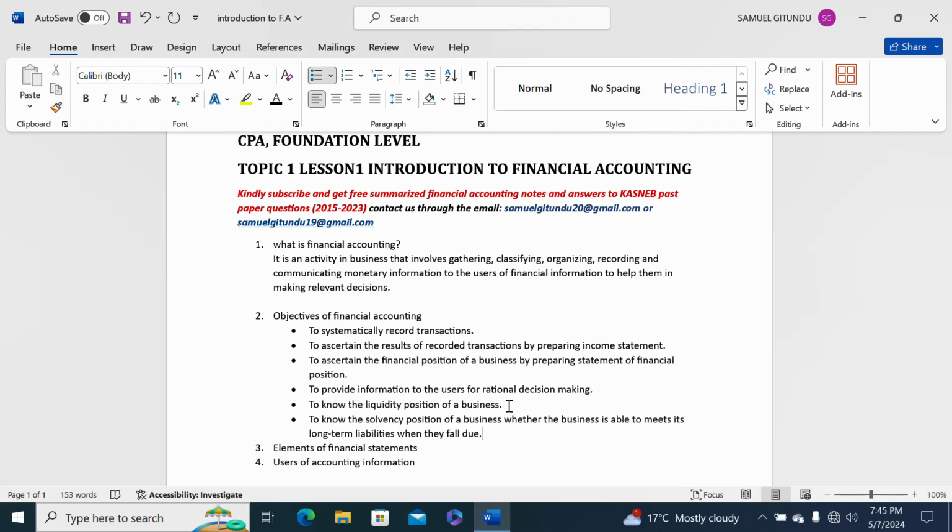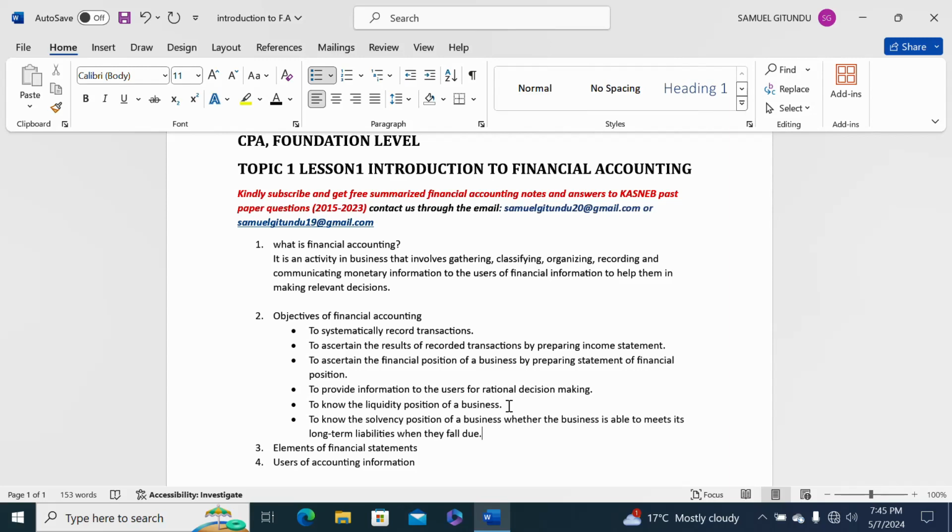Long-term liabilities are liabilities such as loans. You have been given a long-term loan. If a business cannot meet its long-term liabilities, then that business is not in a good position, because in that case, the business can be dissolved, or it can go into a bankruptcy position.